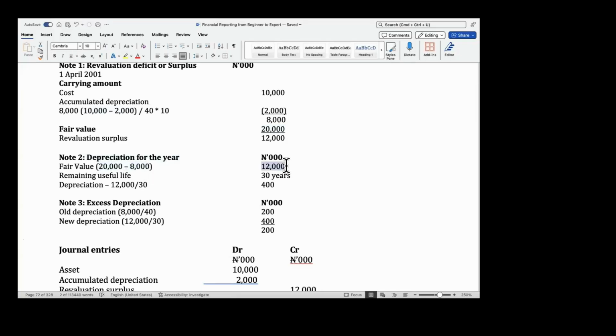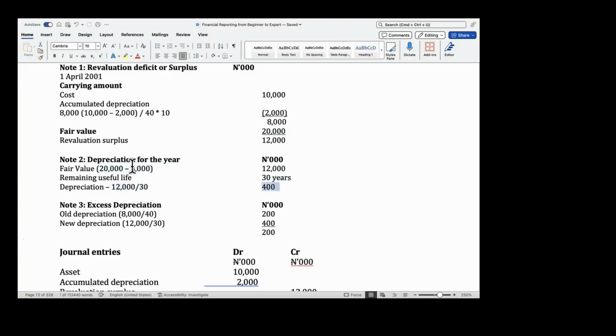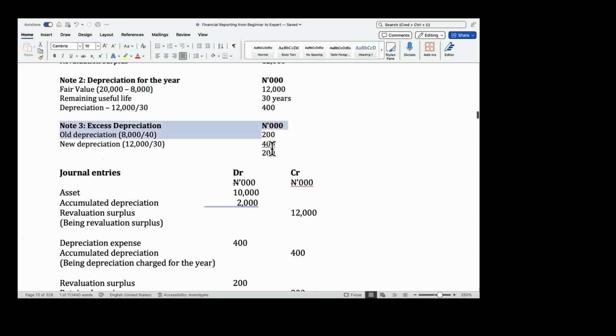You now have 12, and the remaining useful life is 30 years. So depreciation for that year is 12 over 30. Now you can remove the cost of the land when you want to do depreciation for the year. Let me leave this one for now.